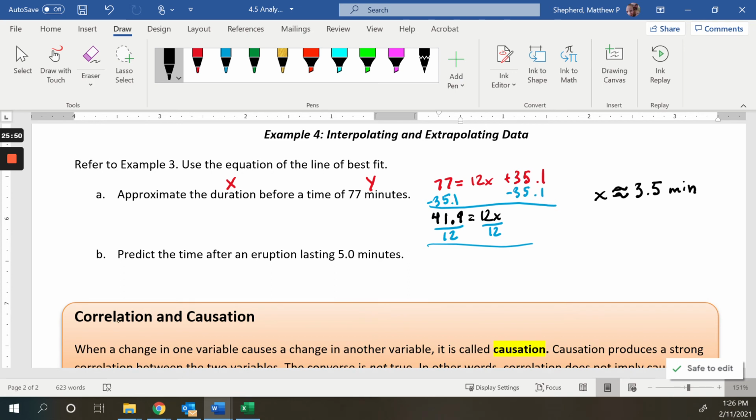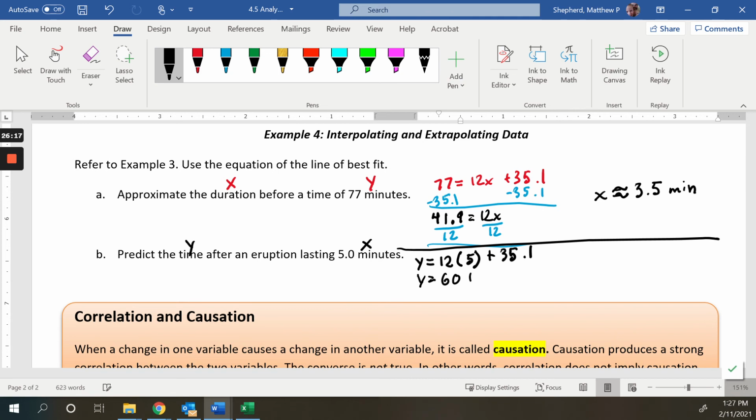Okay, this time predict the time, y, after an eruption lasting 5 minutes, x. So same thing, only this time they gave me the x. So y is going to equal 12 times, rather than x, we know it was 5 minutes, plus 35.1.